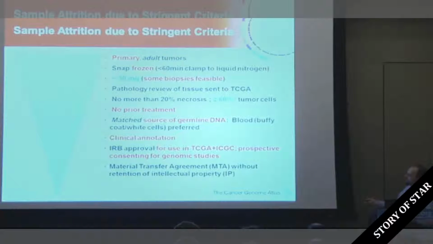Matched blood from the same patient. Of course, all the approvals. So this is why to get to 200 tumors, we need to enter potentially 500 tumors into this pipeline to end up with 200 good tumors down here. So this effort is underway.